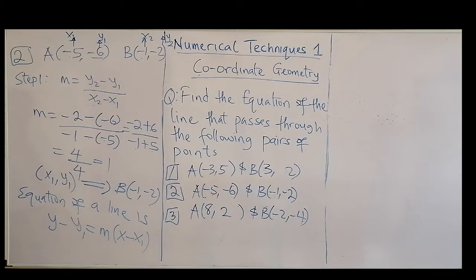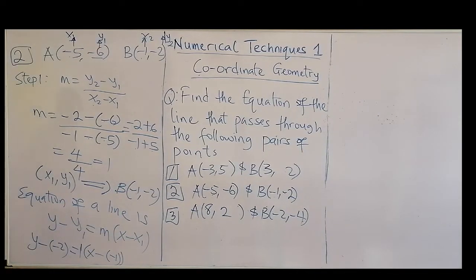So just substitute there. If you're using this one, that means your y1 is minus 2 and your slope m is 1, into bracket x minus 1.